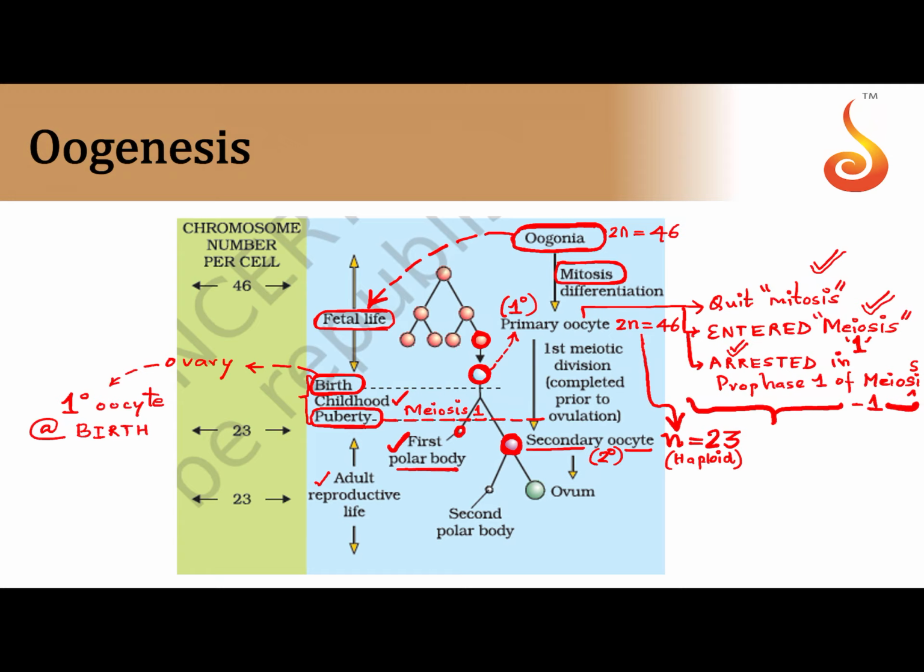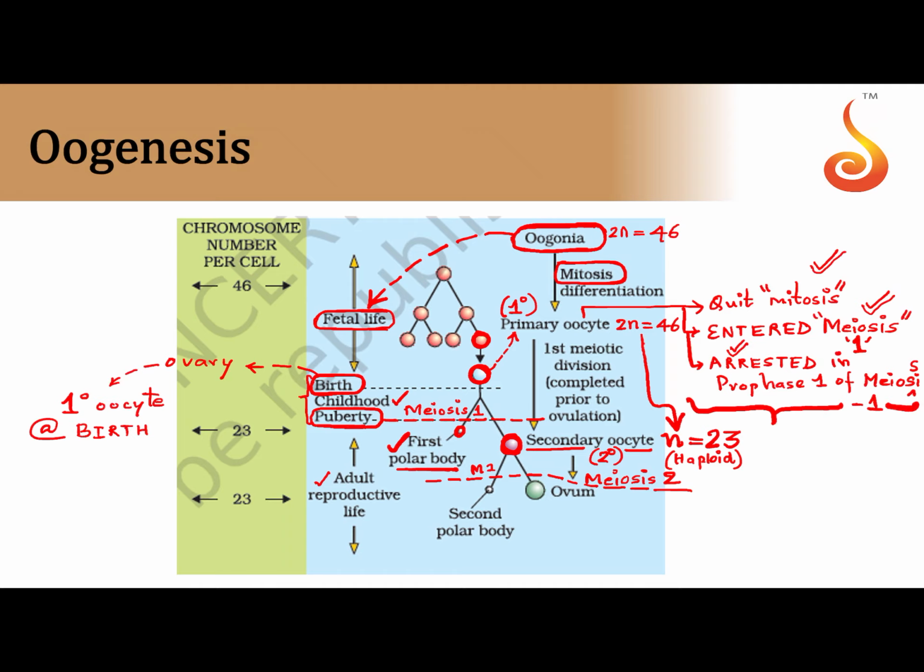Now this secondary oocyte, here in the flowchart it is not mentioned, so let me put a dotted line over here, will enter and complete the second stage of meiosis, which we refer to as meiosis 2. So I'm going to write here M2, meiosis 2. The secondary oocyte will not stop at it.